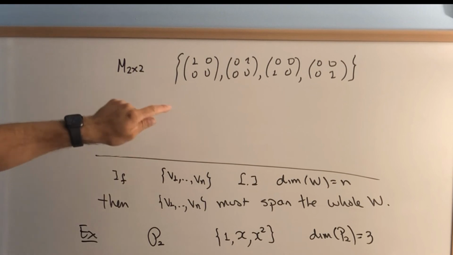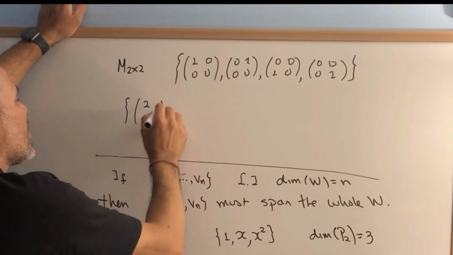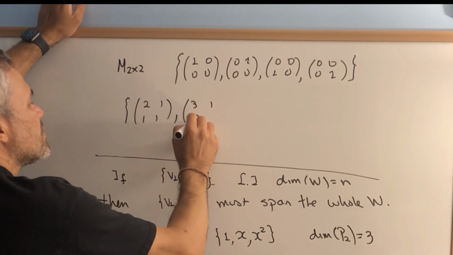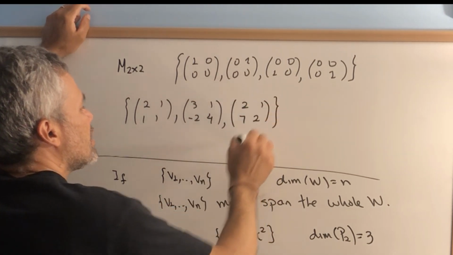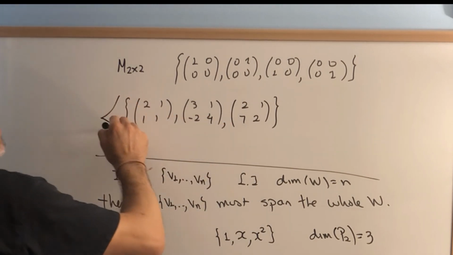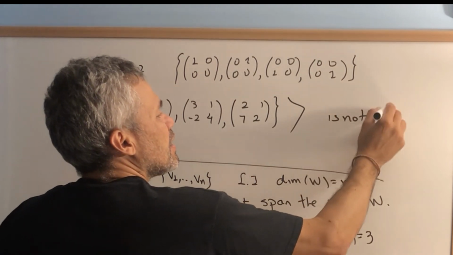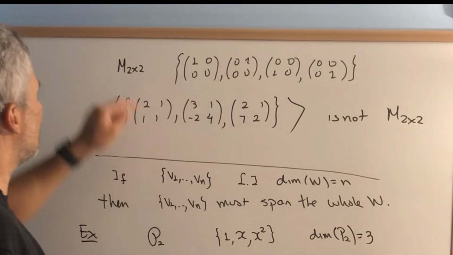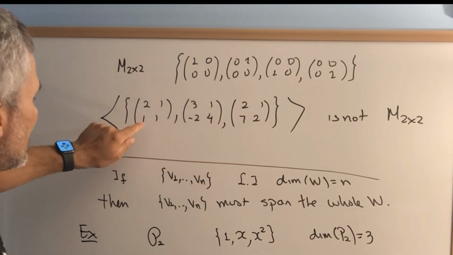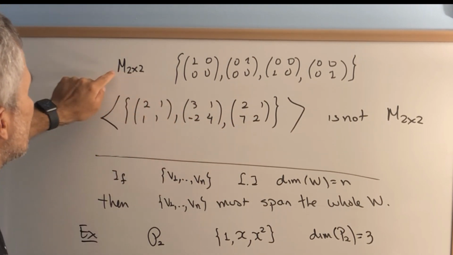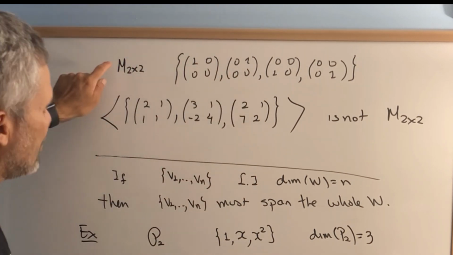And then we are completely sure that for these matrices, 2, 1, 1, 1; 3, 1, negative 2, 4; and 2, 1, 7, 2, the span of these three matrices is not M2 by 2. That means that we can find a 2 by 2 matrix that cannot be generated by these three matrices. Why? Because three vectors in a four-dimensional space cannot span the whole vector space.